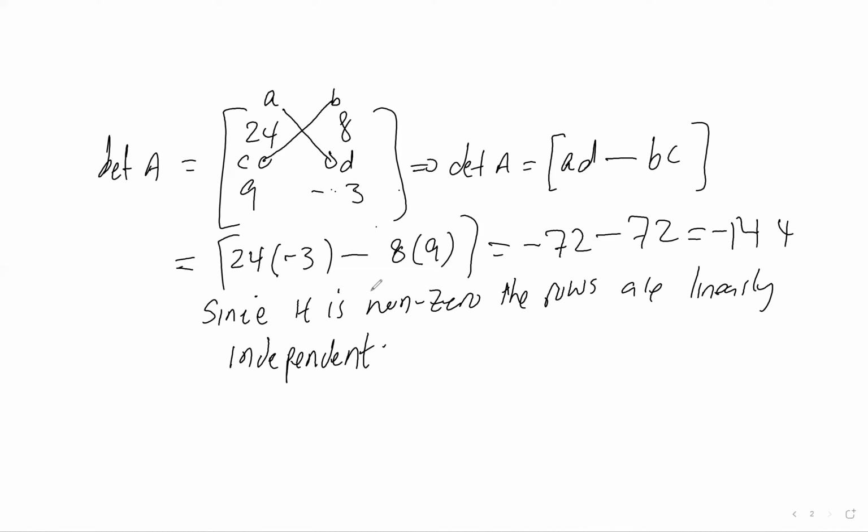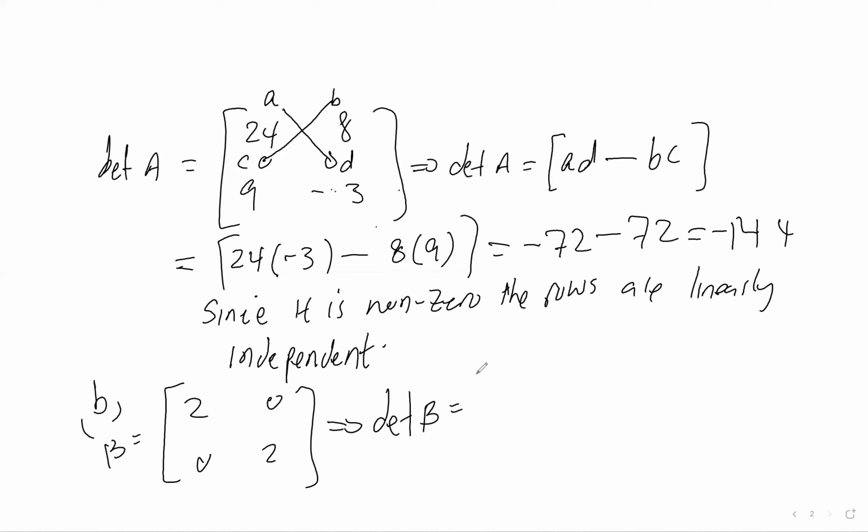So let's do another one, let's do B, just to drive the point home. We have 2, 0, 0, and 2. If we do the determinant of B, I say A, B, C, and D, so A times D minus B times C. A times D is 2 times 2.